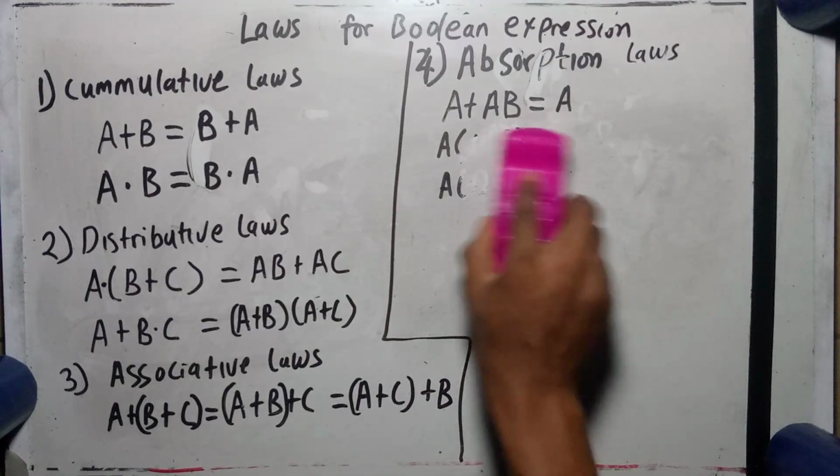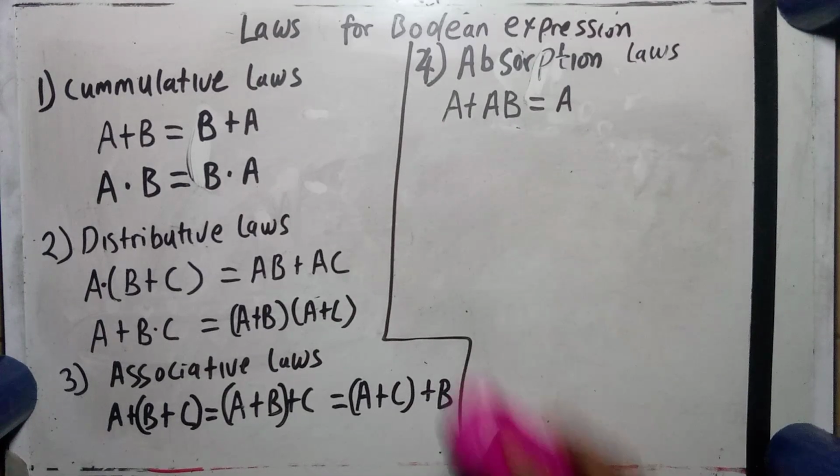Another way you can also prove this, if you are not good with all these laws, is to use your truth table. The truth table is always the more affordable one for everyone. Everyone can easily use that one. It doesn't require much technical thinking, only carefulness.